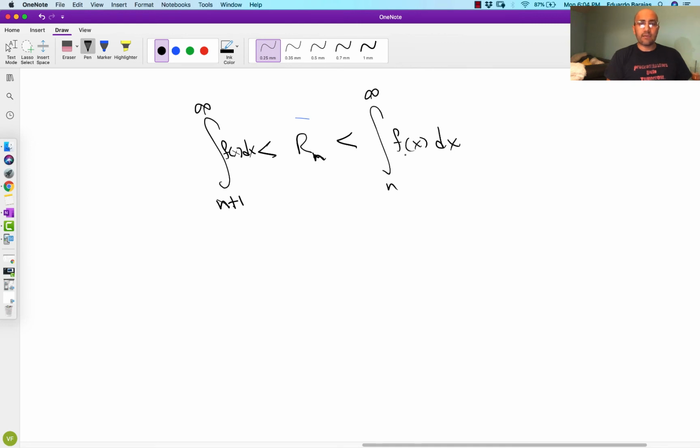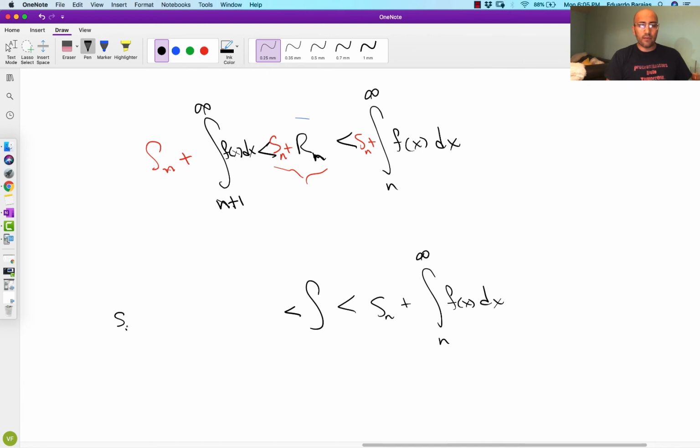So if we add S sub n to all three parts of this inequality, then the middle becomes the actual value of S. And so S is strictly less than S sub n plus the integral from n to infinity of f of x dx, and strictly greater than S sub n plus the integral from n plus 1 to infinity of f of x dx. Good. And this looks a lot like an integral here.